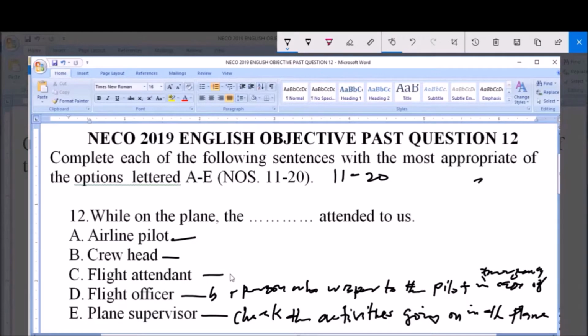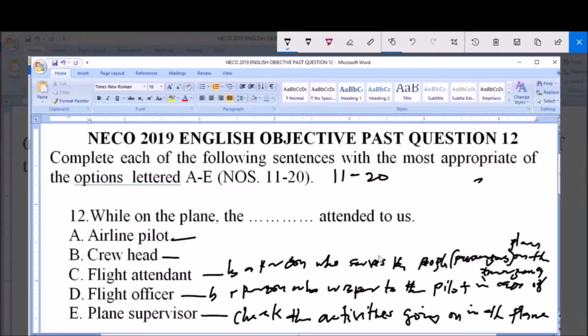The flight attendant is a person who serves the people, that is passengers, on the plane. So it is a person who attends to them.